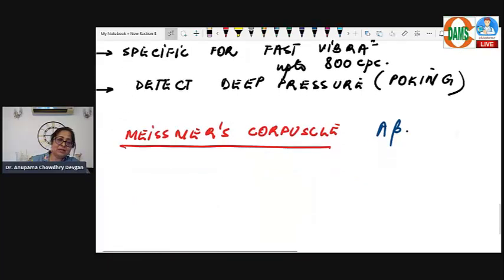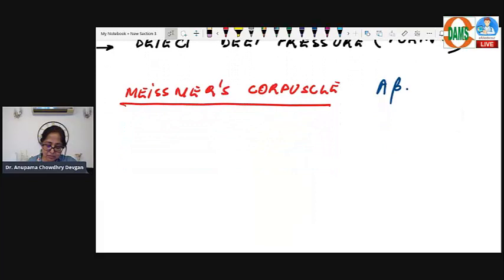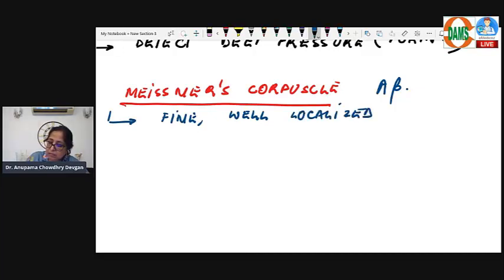Meissner's corpuscles, the nerve fiber associated with them is A beta. Now, Meissner's corpuscles are meant for fine touch. They are meant for fine and well-localized touch.